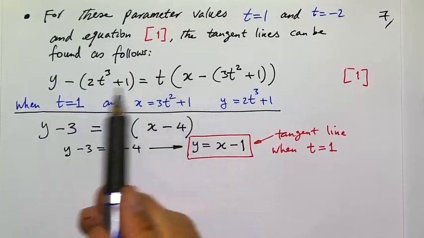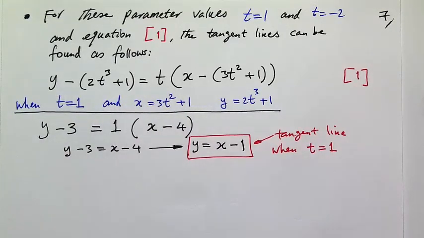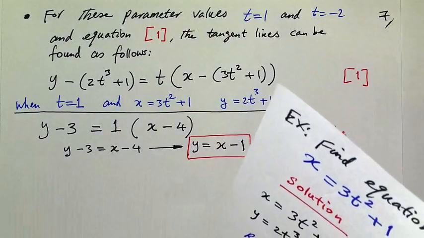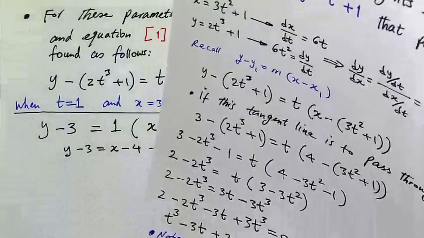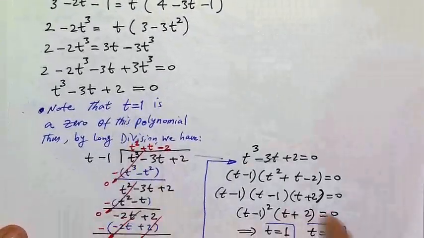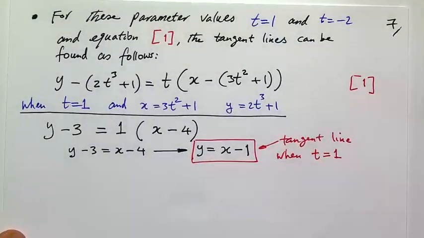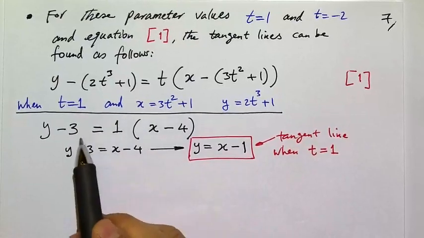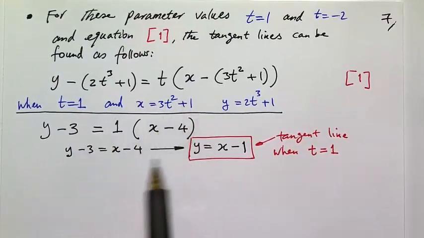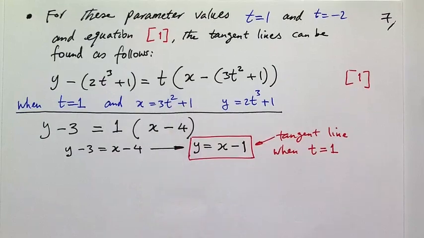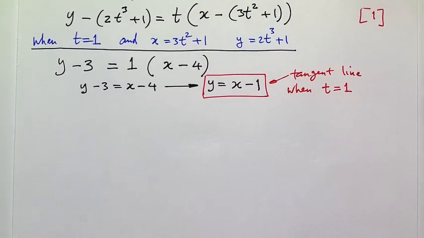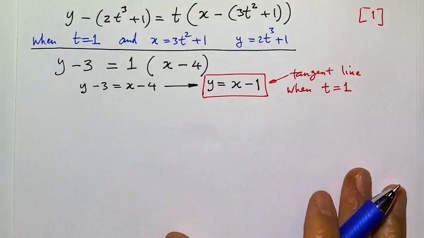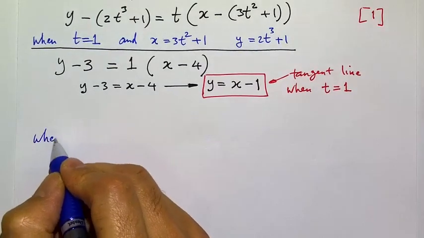That's part of the t values that we found, so we already guaranteed that. These t values guarantee that the tangent line does go through 4, 3. Okay, so then for t equals negative 2, let's do the calculation again.